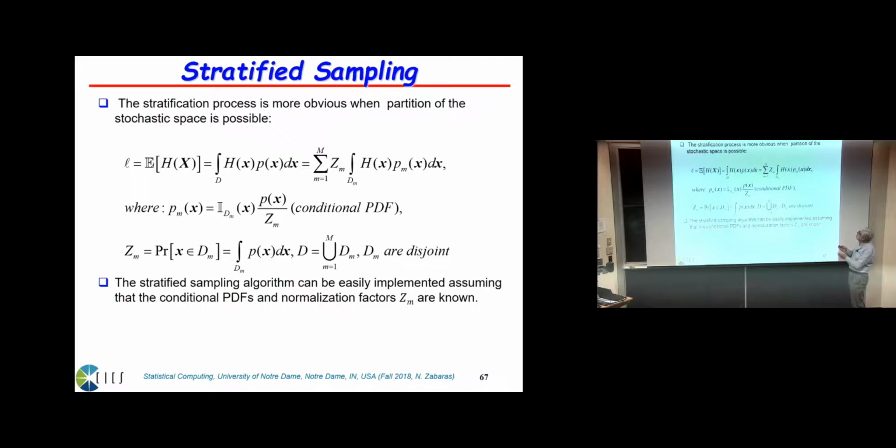So effectively, you can see what it is, literally the sum and product rules, isn't it? All right, I am saying this will be the probability that I am in domain M, which is this, times this conditional expectation. What's the conditional expectation? It is the integral of H times the conditional PDF, okay?